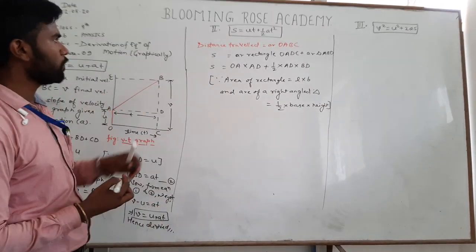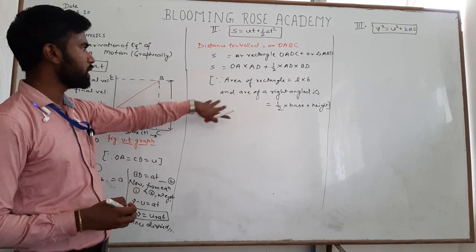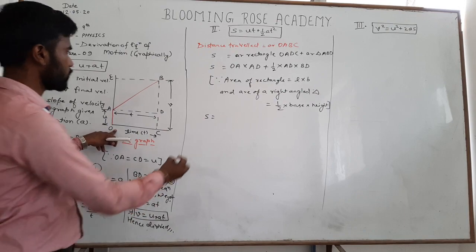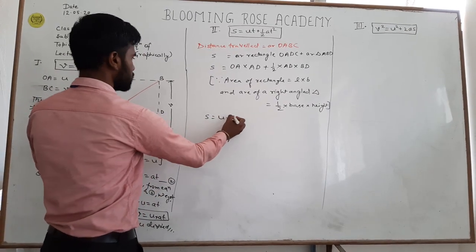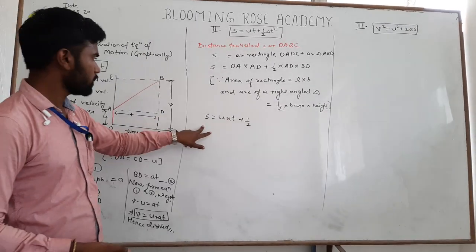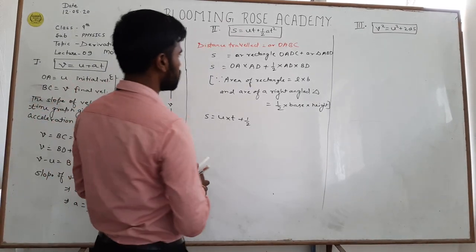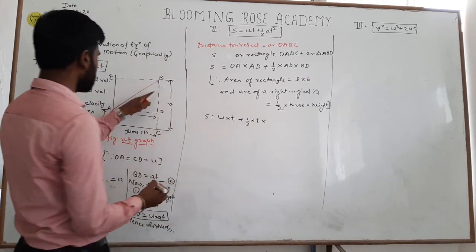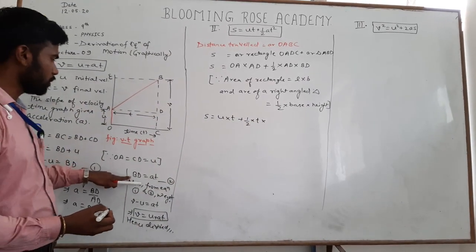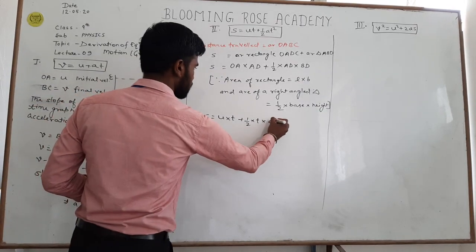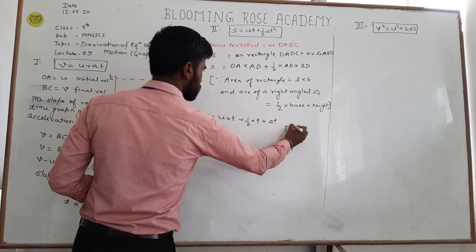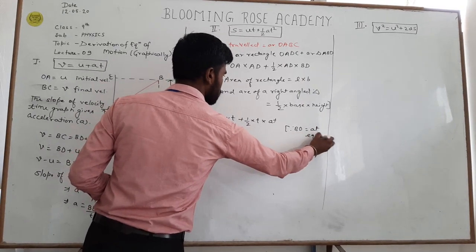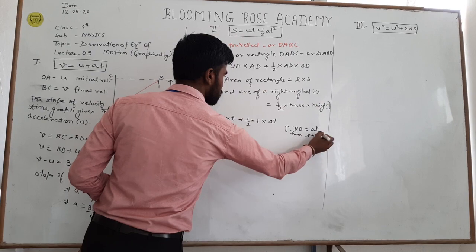After putting in the values of OA, AD and BD, we get S equal to, with OA here being u and AD being t, S is equal to ut plus, when we put the value of AD as t and BD, after calculation BD is equal to at, from the second equation.